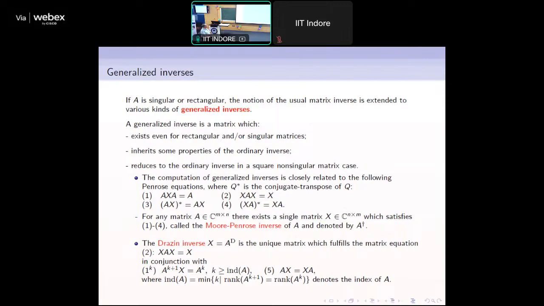and I will mention here three properties which are desirable in defining generalized inverses. First property is that G inverse, shortly, generalized inverse or G inverse, exists even for rectangular and singular matrices.